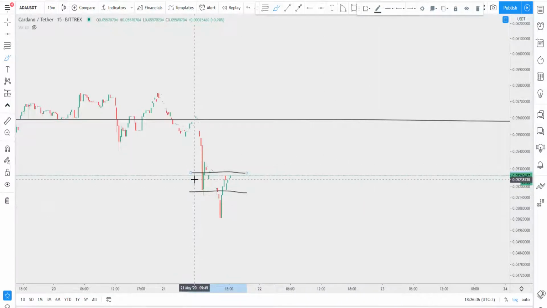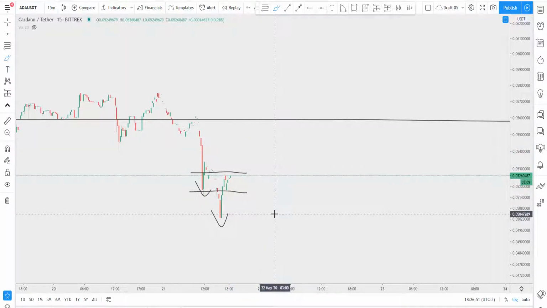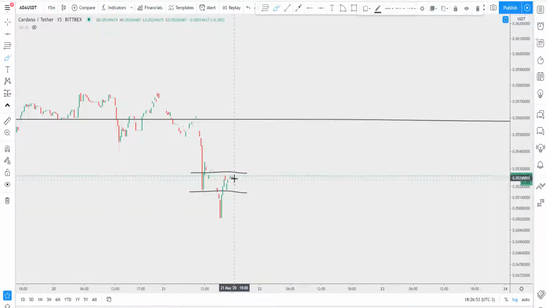This is an inverted head and shoulders that is not completed yet, but with some FOMO and firepower it's possible to break straight up. And also we can see more sideways action here before the bull break.